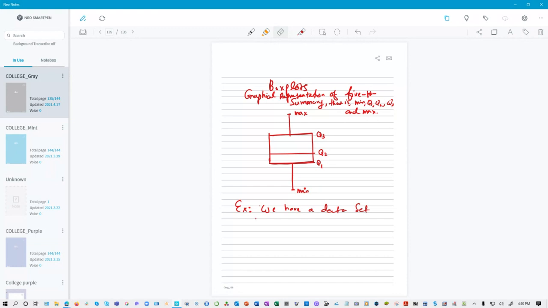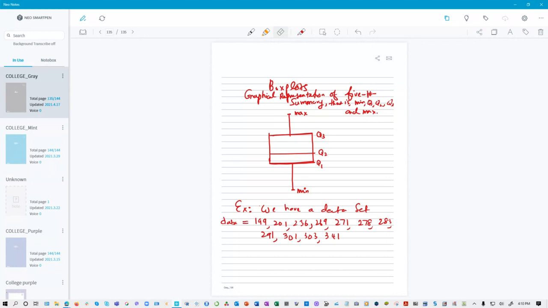The data set starts from 199, 236, 269, 271, 278, 283, 291, 301, 303, and 341. This is the data set.